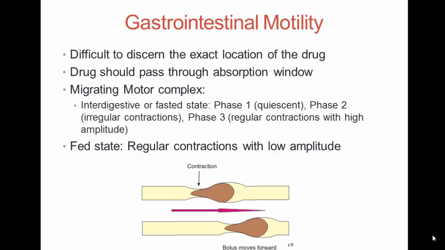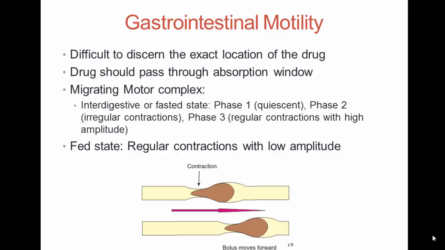Gastrointestinal motility also plays a role in drug absorption. In the fasted state the gastrointestinal contractions are different, and in the fed state the contractions are different. This is called the migrating motor complex, which happens from the stomach to the duodenum.